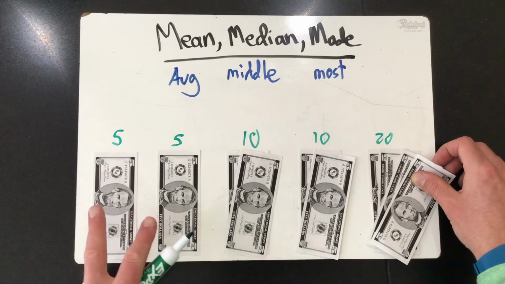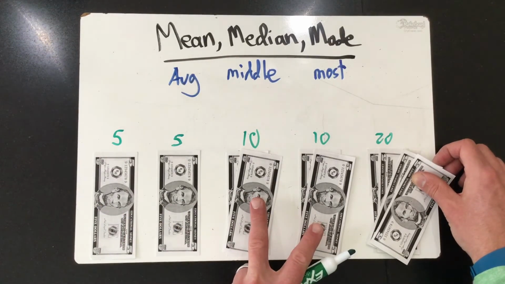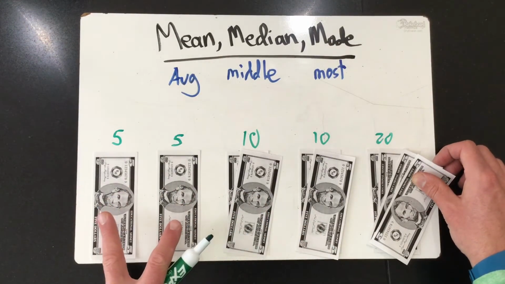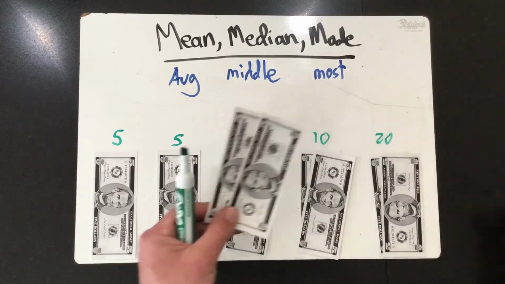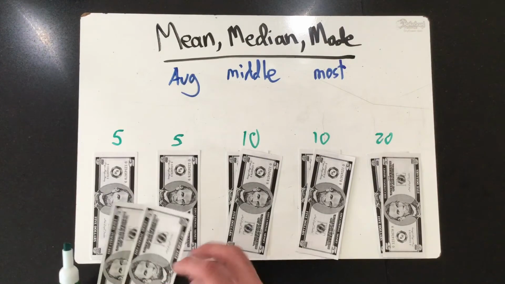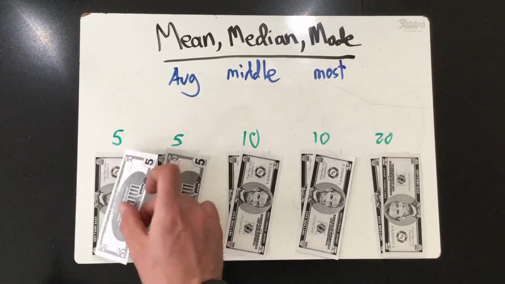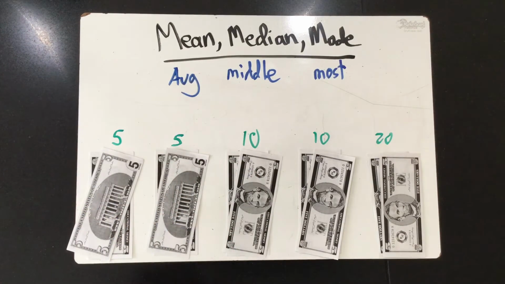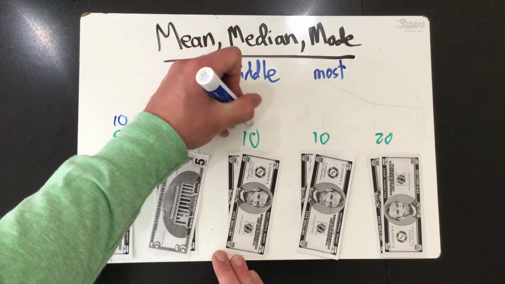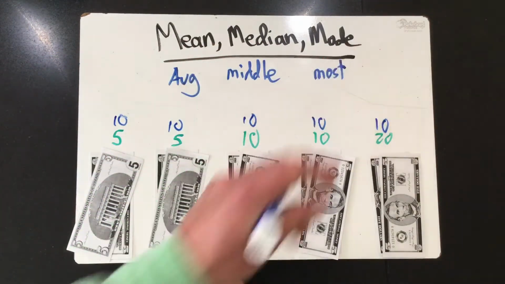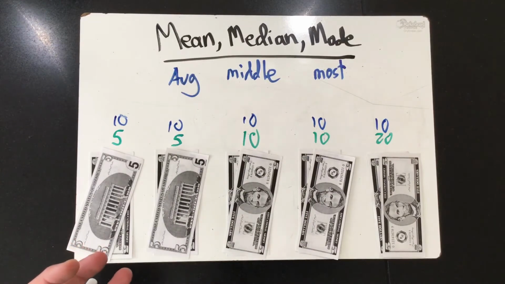Two of them have 2 sets of 5s, 2 of them have 1 set of 5s, and this one has 4. If we take these 2 5s and put them here, now everyone seems to have the same amount. What I've done is redistributed it. So this person now has 10, this person has 10, this person has 10, this person has 10. They all have $10. That would be the average amount.